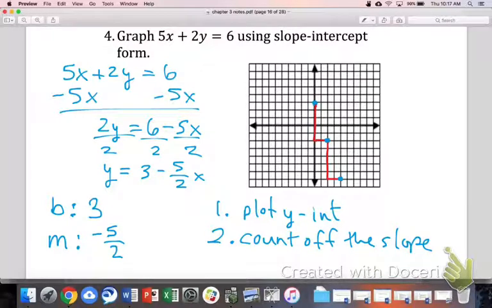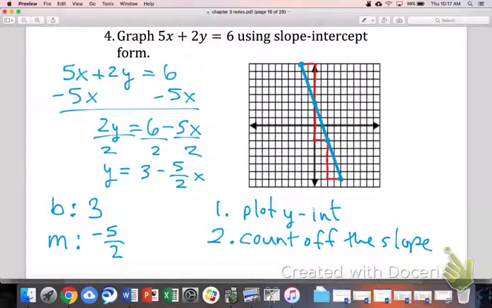Yeah, you can go the other way. So instead of going down 5 to the right 2, you could go up 1, 2, 3, 4, 5, and then left 2. Isn't that the same pattern? And you'd put a point at the end of that right there. And you can see that they all form that same nice linear pattern. So let me fill in this line real quick, and then I'll get some questions.